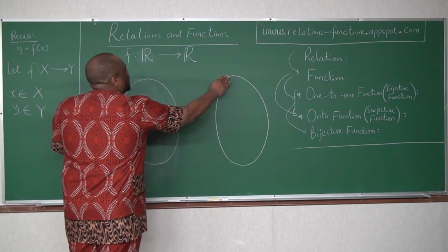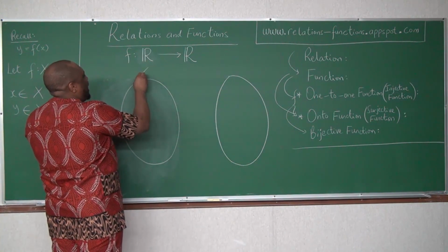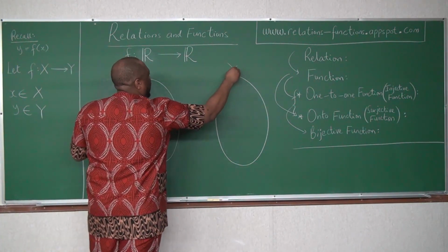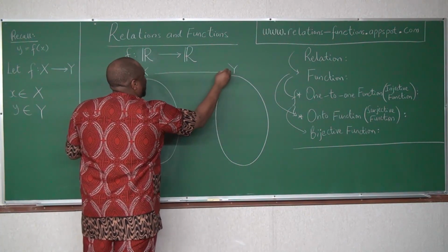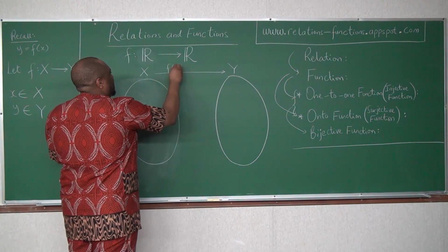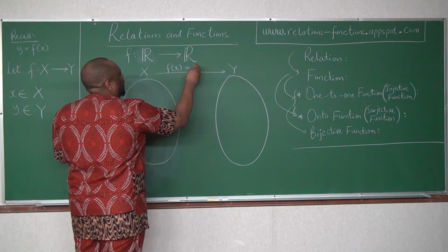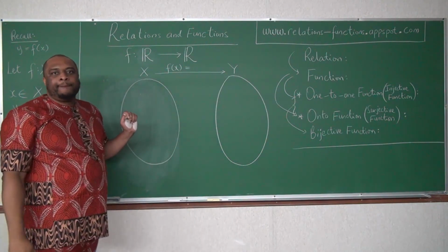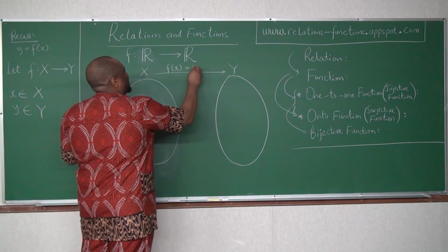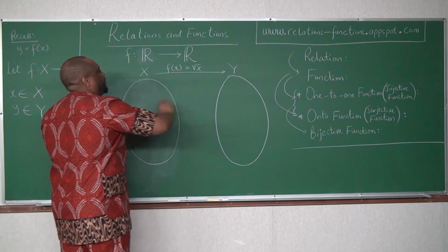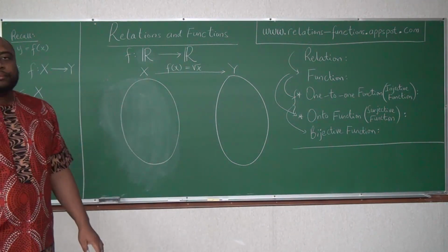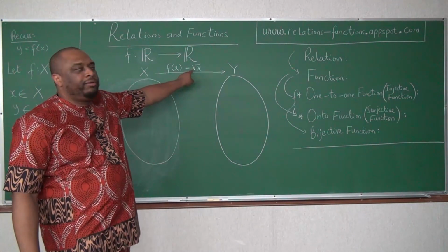So if we have this from x to y here, let's say that f of x is the square root of x, from real to real. Now this means the positive square root of x.